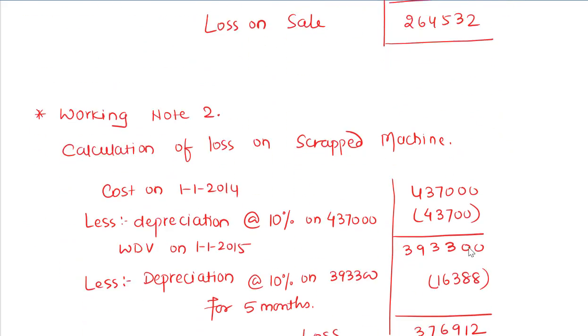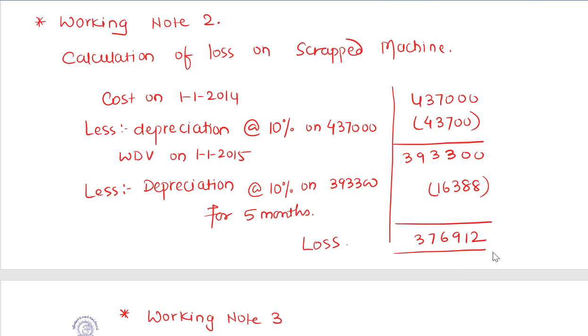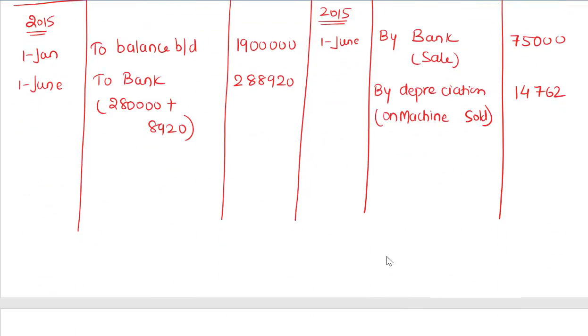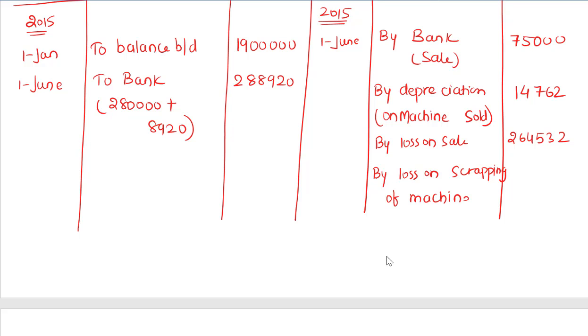Loss on scrap is 376,912. So by loss on sale, 264,532, by loss on scrapping of machine, 376,912.